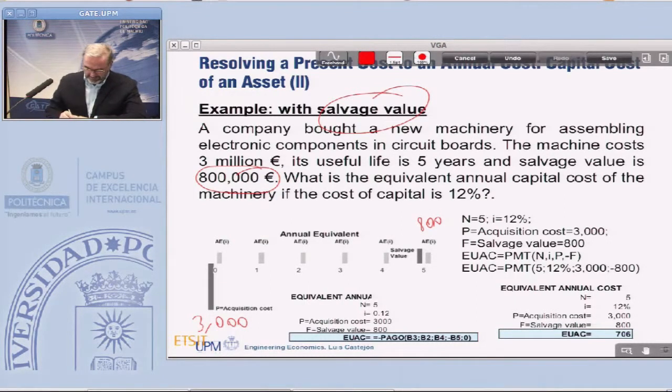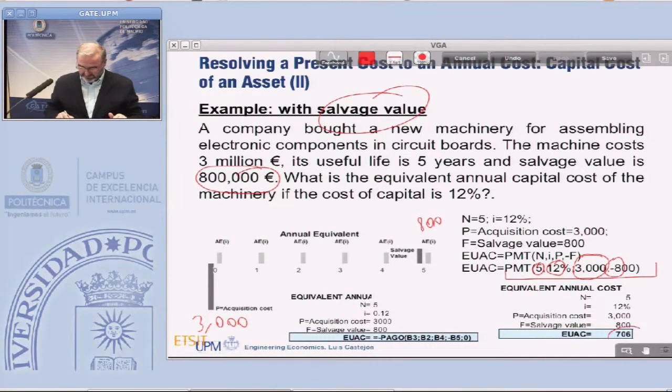The calculations are the same, but you see here the payment of 5 years, 12%, present value, this is the capex, 3 millions, and the future value of the machine with different sign, minus, in order to be coherent. This is indeed the formula you can use, you can exchange the signs, but being coherent using different signs in the present and the future, the salvage and the capex.